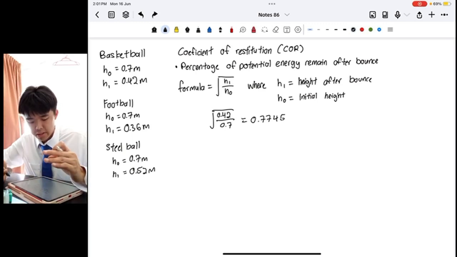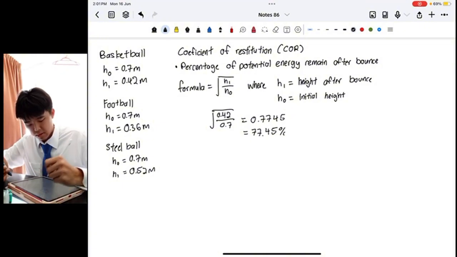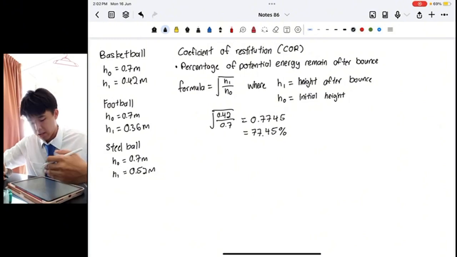This means the potential energy remaining after the bounce is 77.45%. We do exactly the same steps for football and steel ball.